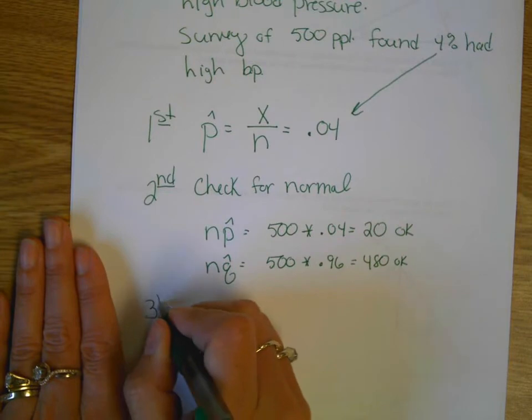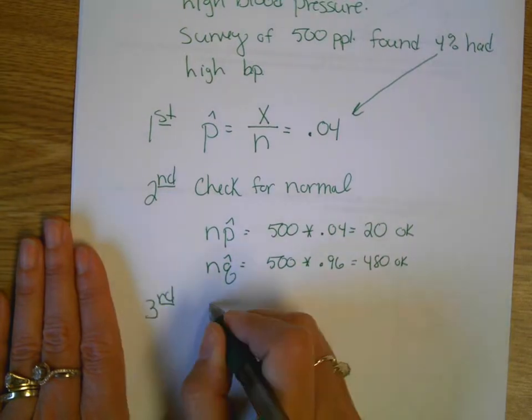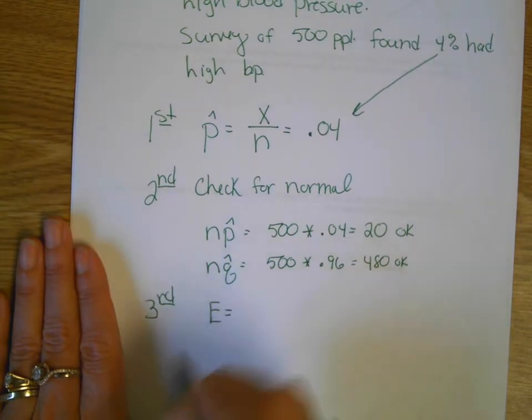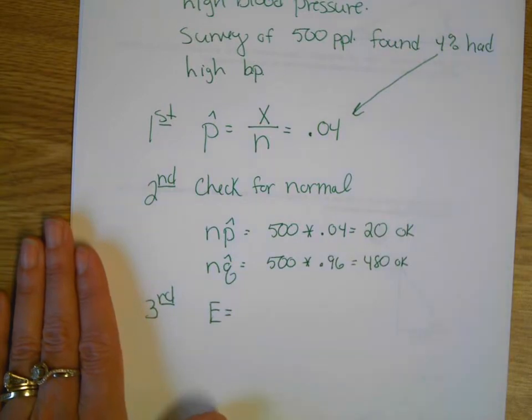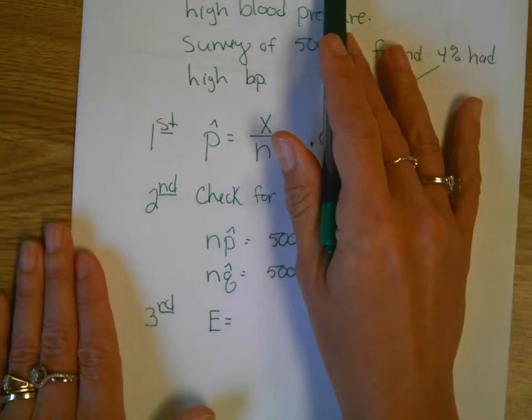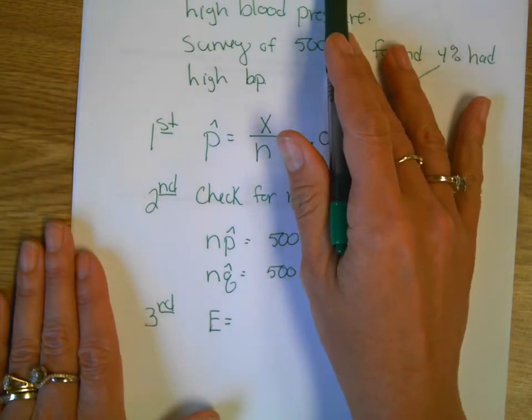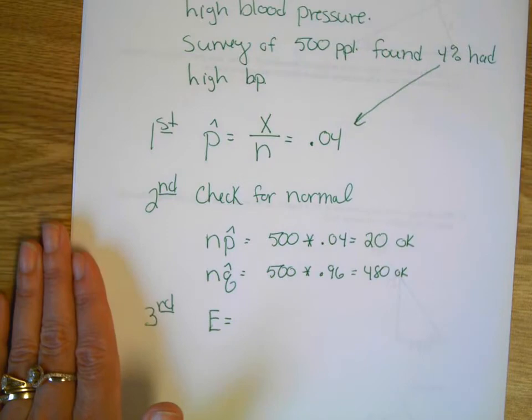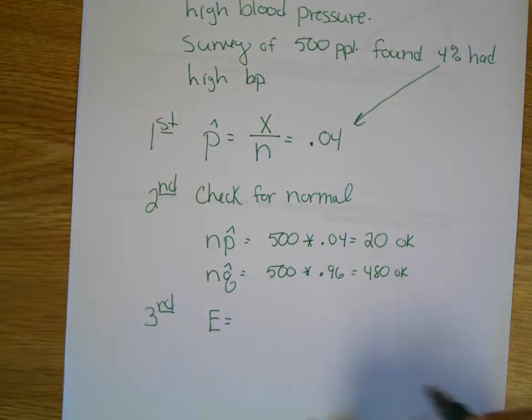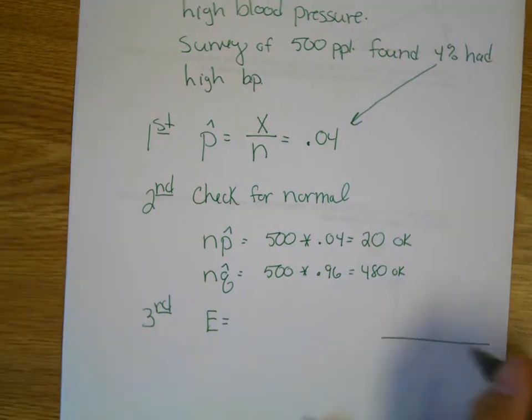Okay, so third step is to calculate your max error. I need the z-score for 92%. You can do it. Because those three numbers we gave you, you found those off of the table. You remember how we found those z-scores.